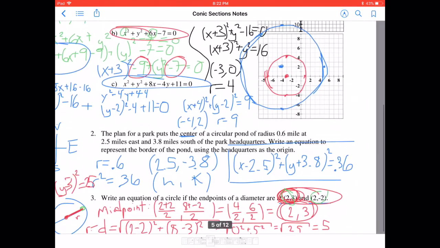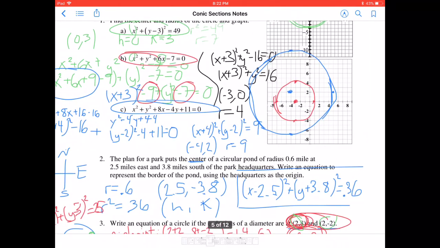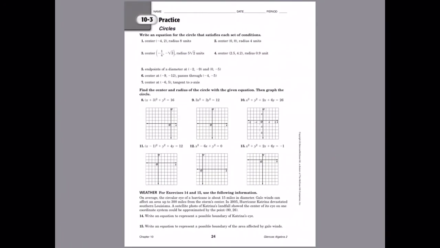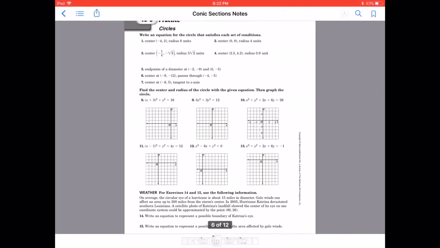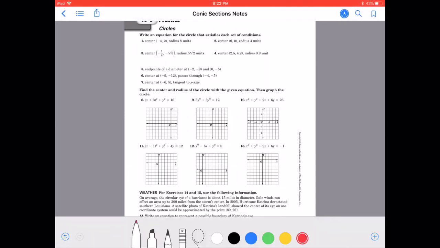So we have all these other examples on the next page, which all looks really similar. If we take a look at it real quick, I think we might save this to review when I get back on Monday. 1, 2, 3, and 4, I just give you the center and the radius. Number 5, I give you the endpoints just like in the notes. 6, I give you the center and then just another point, and you can find the radius with that.